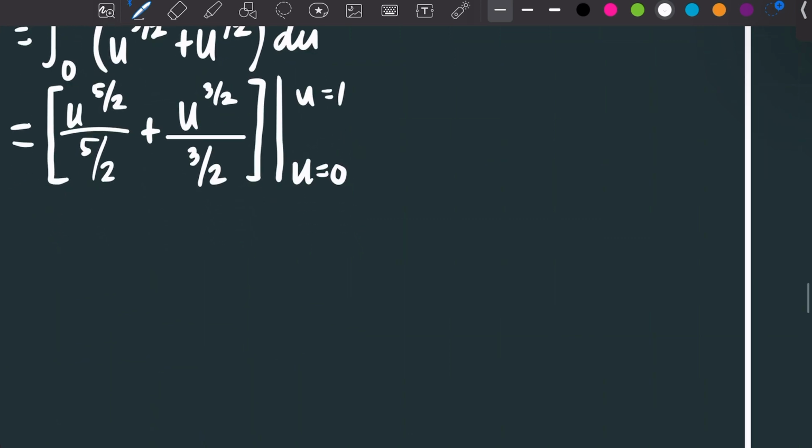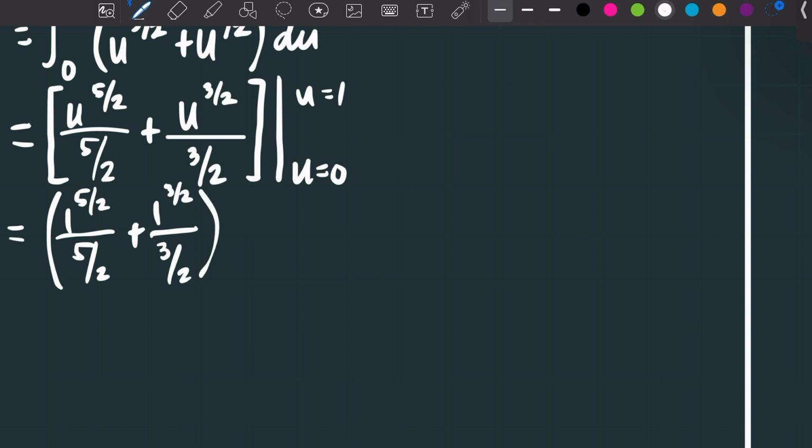So, evaluation nito, napakasimple na lang naman na for us. So, let's start with u equals 1. Magkakaroon tayo here ng 1 raised to 5 halves over 5 halves plus 1 raised to 3 halves over 3 halves minus, so if i-plug natin yung 0, 0 na to, 0 na to, so that's 0 plus 0.